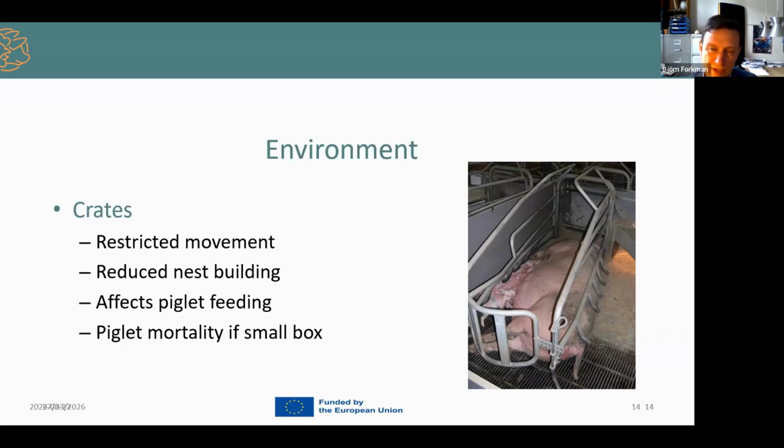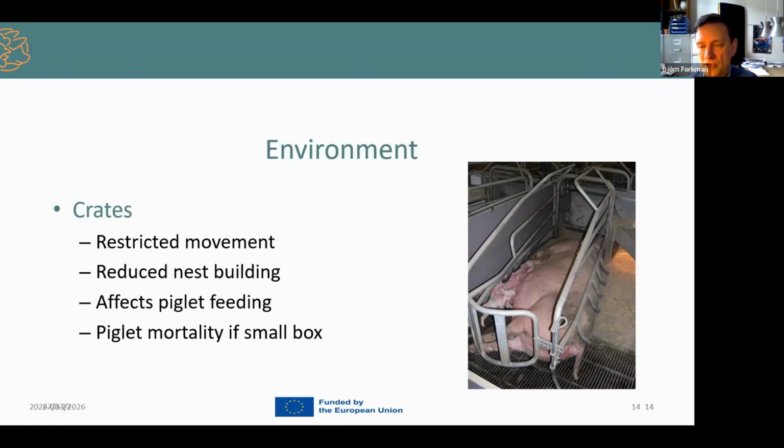Another issue with crated sows is that the sow is supposed to lie on its left side here, because there's quite a lot of space to your right. So it would be easy for the piglets to nurse from this side. But the sow has turned the wrong way around, so to speak, which means that there's very little distance between the teats of the sow and the wall.